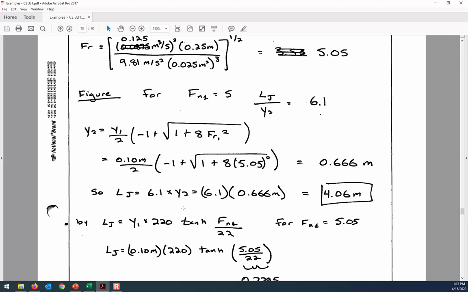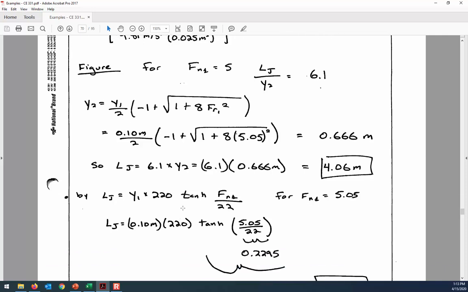And so the question is, do you have the hyperbolic tangent function in your calculator? If I remember correctly, the Casio calculators do. So let me pause for a second and give you a chance to try that. And let's see, according to this Hager method, what would be the length of the jump, and see how closely it compares to the Bureau of Reclamation nomograph approach.